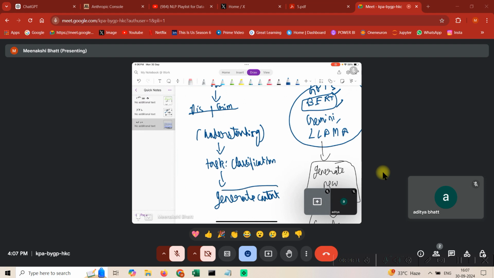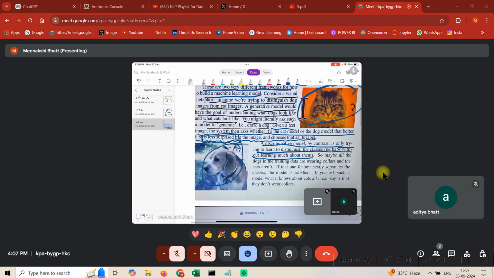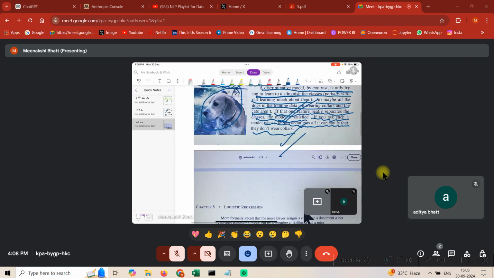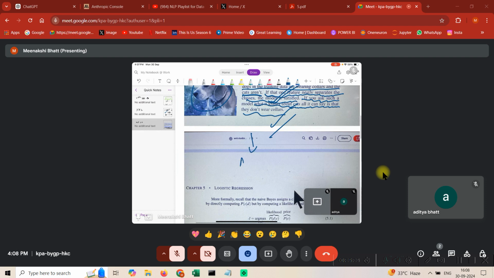Maybe all the dogs in the training data are wearing collars and the cats aren't. If that one feature nearly separates the classes, the model is satisfied. If you ask such a model what it knows about cats, all it can say is they don't wear collars. The main goal is not to understand how a dog's image is created or how a cat's image is created, but just to discriminate between the two classes.